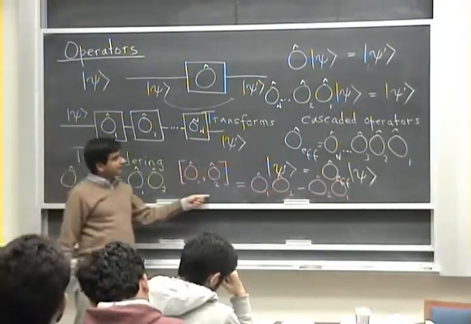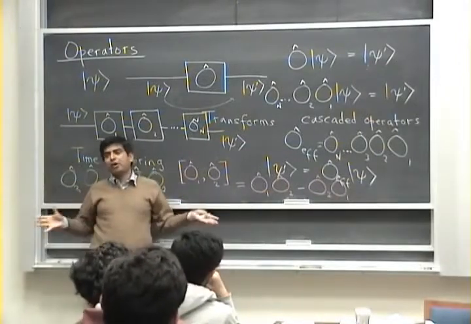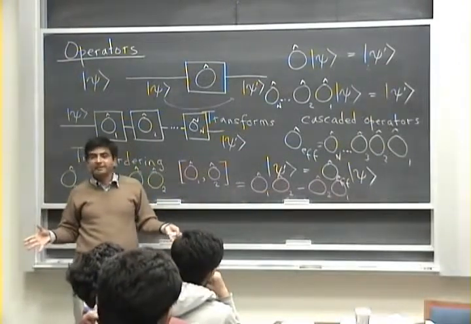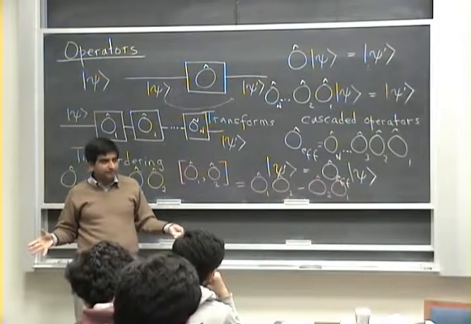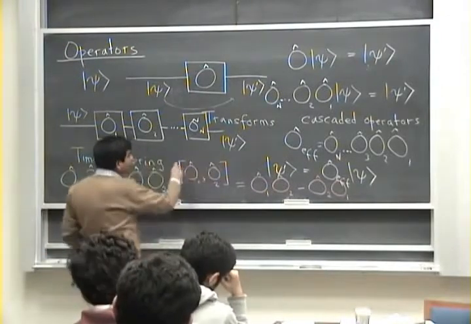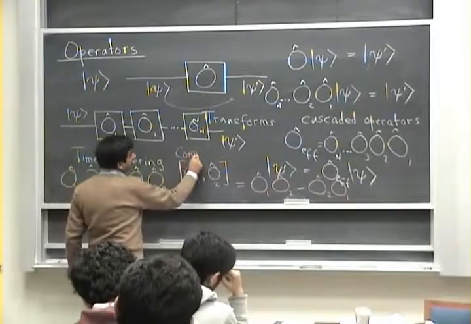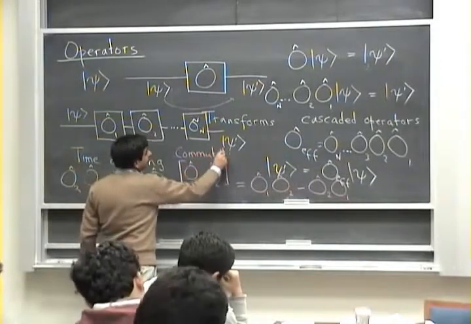In general, this operation between two operators is not equal to 0. Okay? This operation is called the commutator between the operators.